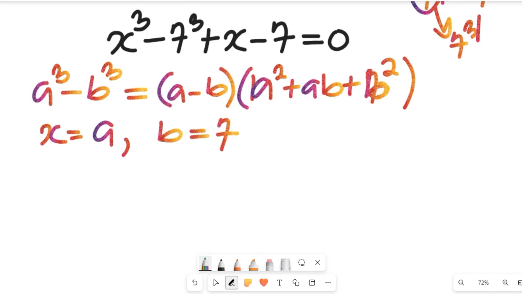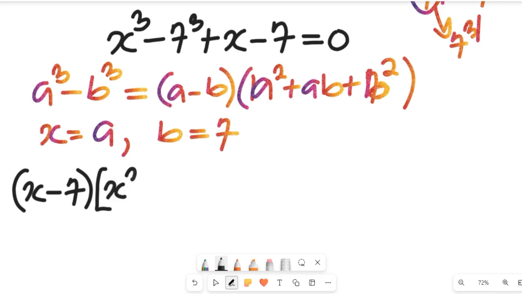So let's substitute that into that expression. So we have x to the power of 3 minus 7 to the power of 3. That will simply give me x minus 7, right? And then I'll have left x squared plus 7 times x, which is 7x, plus 7 squared.